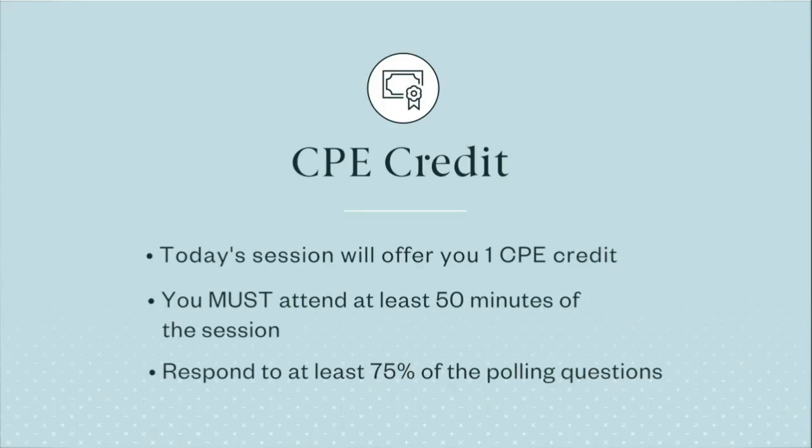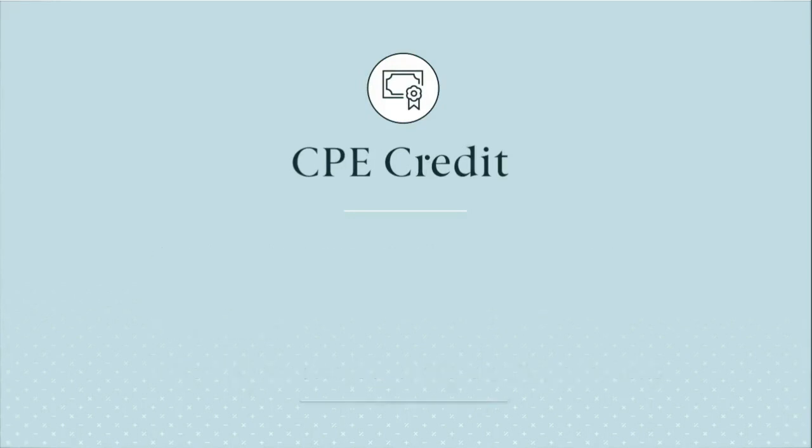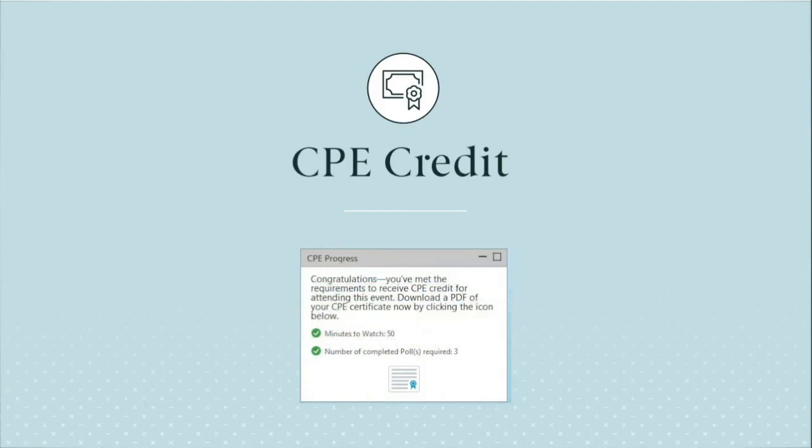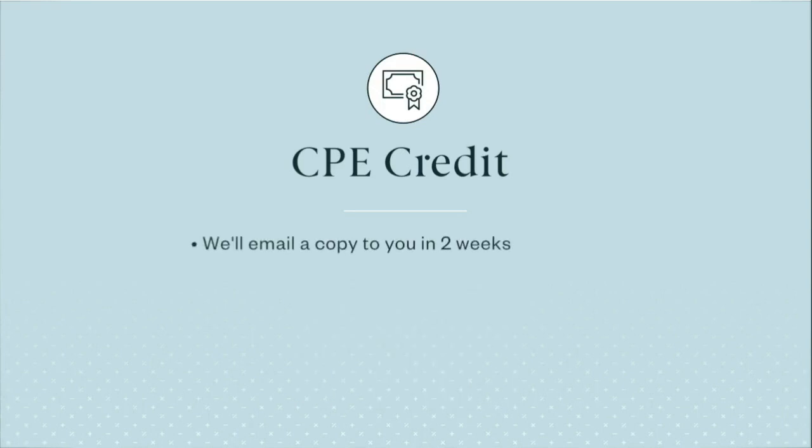To respond to a poll, click the button next to your answer. We'll track your progress and alert you when you've earned CPE credit. You can then click the certificate icon in the CPE Progress widget to open a PDF file that you can save to your computer. Don't worry if you can't download your PDF certificate today. We'll email a copy to you in 2 weeks. If you're attending this webcast in a group, you must complete our attendance sheet to receive CPE credit. The attendance sheet is available in the slide deck and handouts widget.